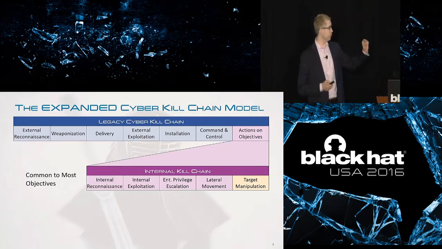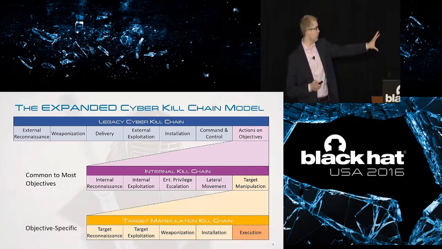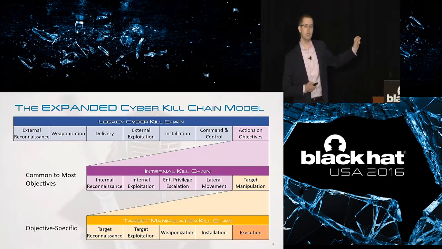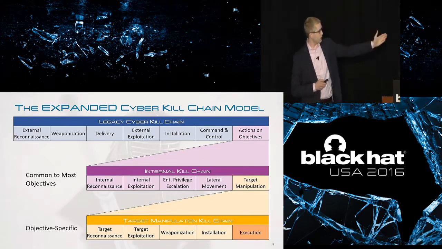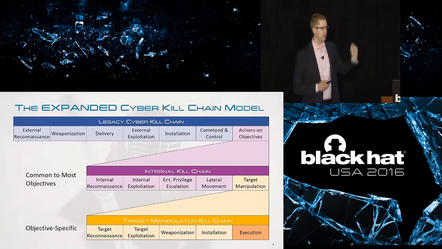Take this one step further, and we explode target manipulation into its own kill chain, where we again have reconnaissance, but this time on the target system specifically. Exploitation, weaponization, installation, and finally, execution of that weaponized target-specific malware to achieve the adversary's objective.